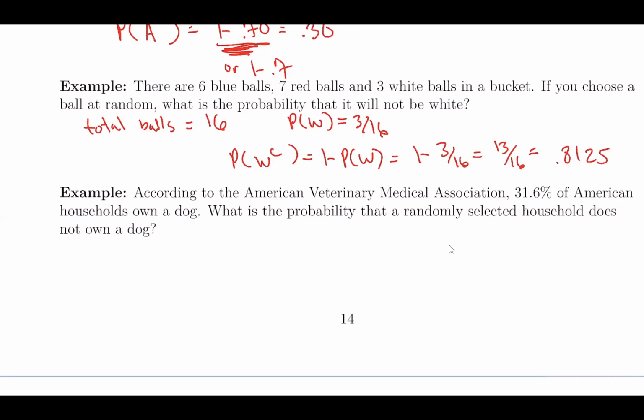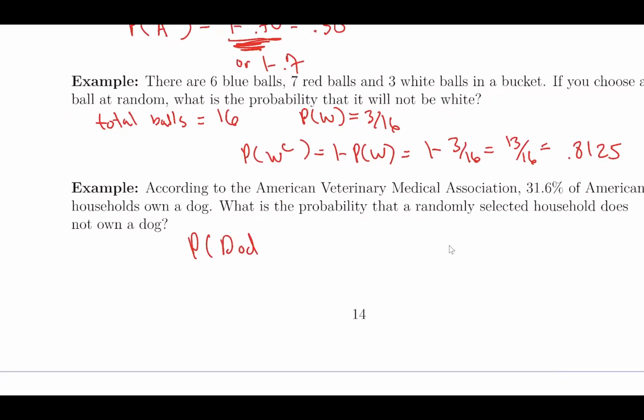It could be they do have a pet, it's just not a dog, or it could be that they don't have any pets. So what would the probability be that they own a dog?